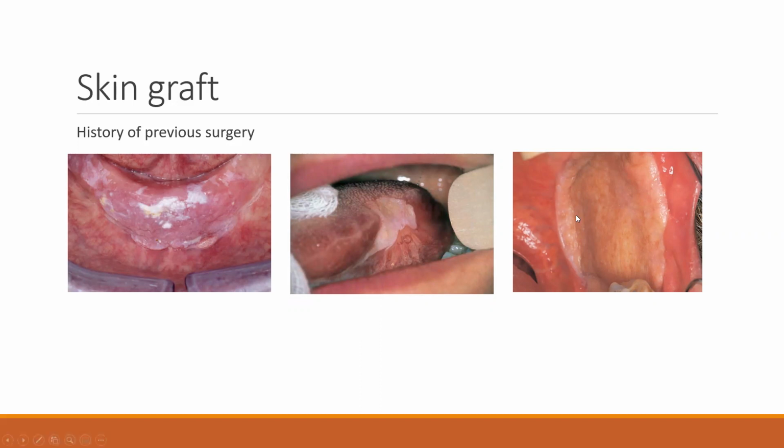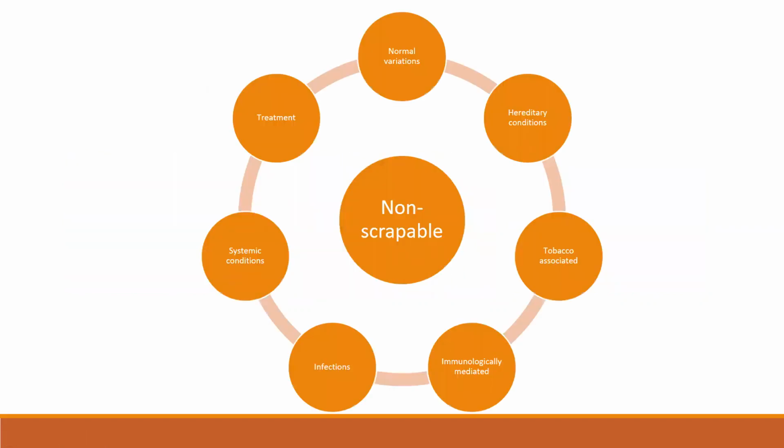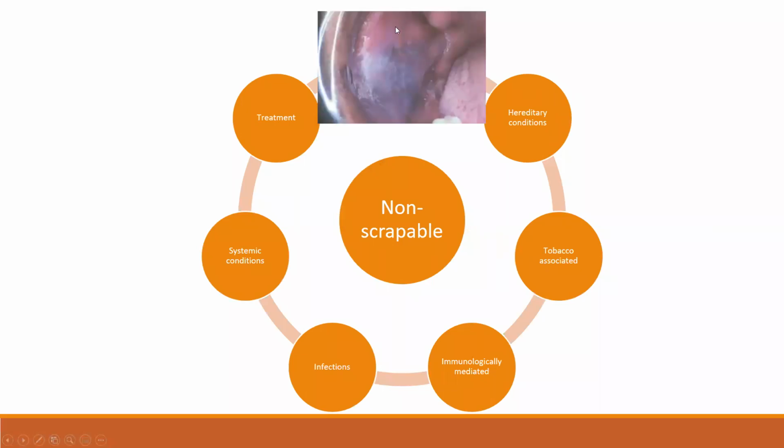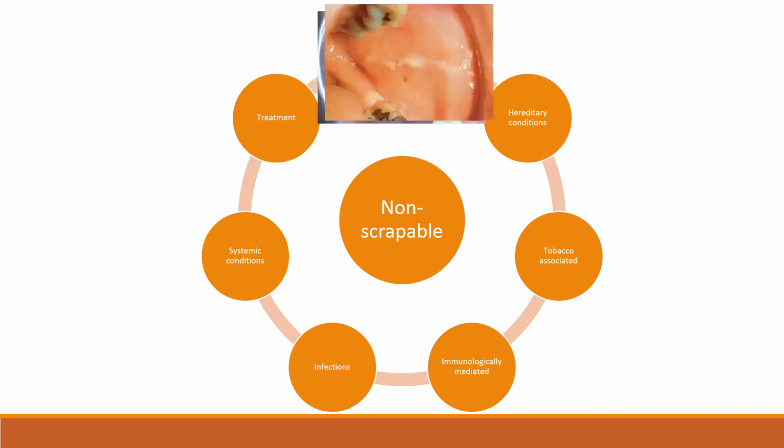Sometimes if the graft is taken from skin, you can have hair growing inside the oral cavity. So just to wrap up the non-scrapable lesions, we had normal variations like leukoedema, which when stretched disappears partially.